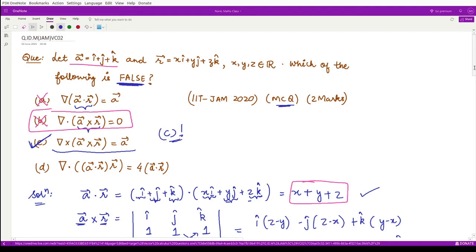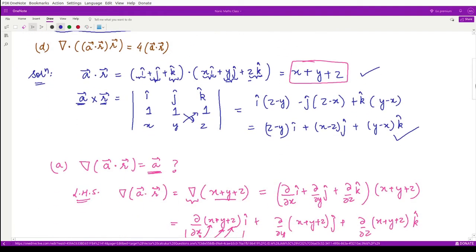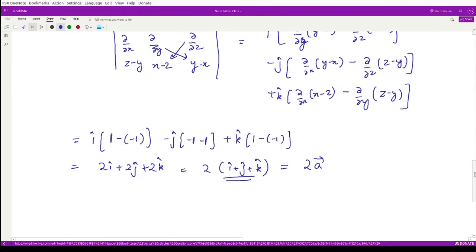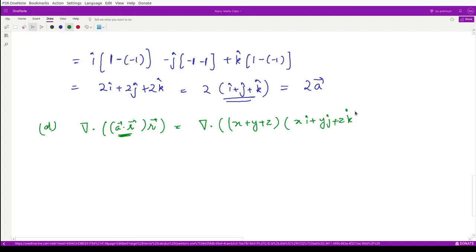In the fourth part, they are saying check that del dot (a dot r) into r is equal to 4a dot r. So for the fourth part, we have to check del dot (a dot vector r) into vector r. So let's calculate this thing first. So we have del dot, now a dot vector r, we have already calculated this to be x plus y plus z, and the vector r, that is given to be x i cap plus y j cap plus z k cap.